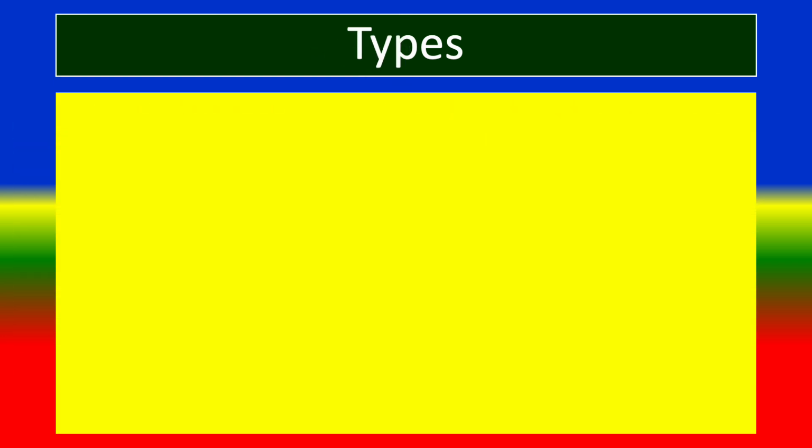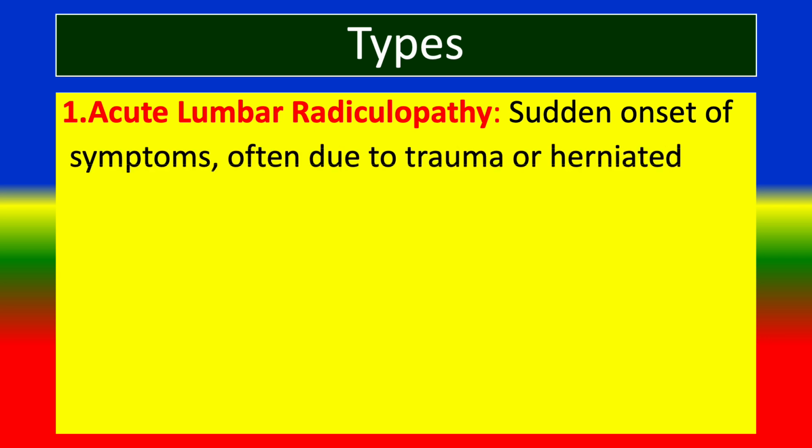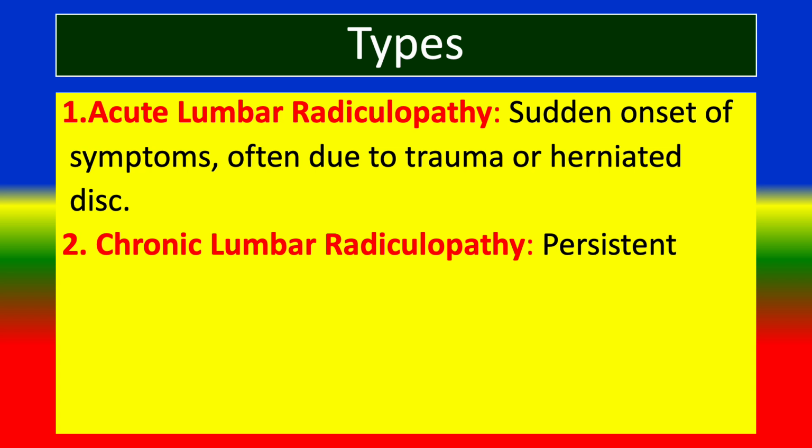Types. 1. Acute lumbar radiculopathy: sudden onset of symptoms, often due to trauma or herniated disc. 2.